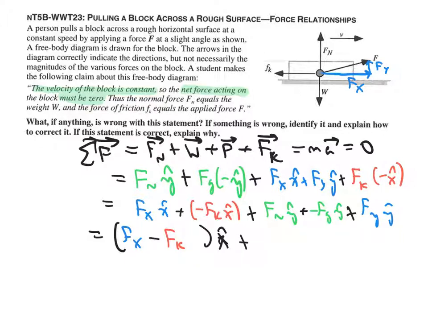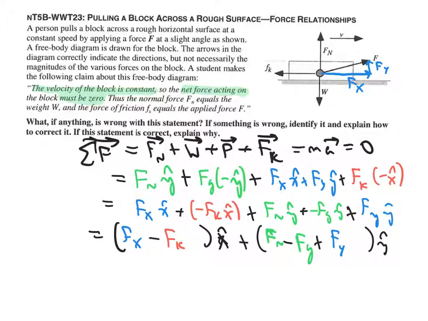Over here, I will factor out a y-hat, and I'll have Fn minus Fg, and then adding back in Fy. So we can see that F isn't directly opposed to Fk, and so it can't exactly cancel out Fk. It's more complicated because of the angle.